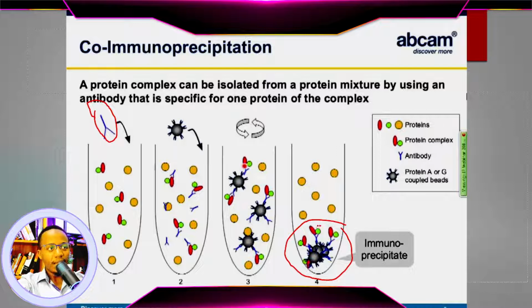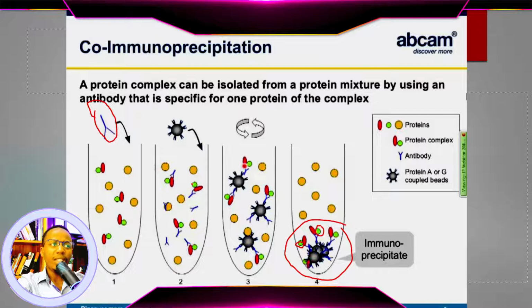The red has the green protein bound to it. So the green protein also precipitated, even though you targeted precipitation of the red protein, because it's bound to it. And you can measure this, right? So this is a really, really easy way to measure protein complexes or protein-protein interaction.